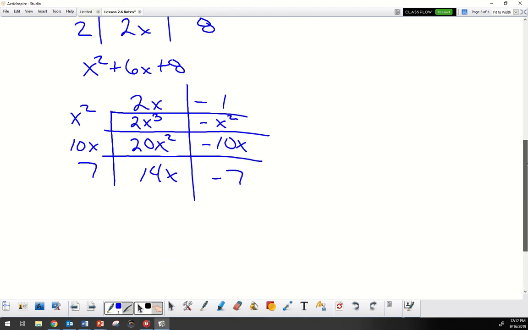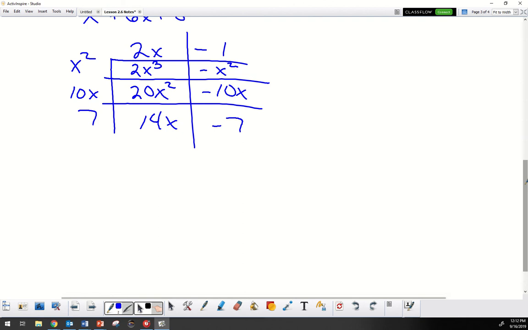Okay, what's my leading coefficient going to be? What's my leading degree? 3. So let's start with that one. It's going to be 2x cubed, right? And combine x squareds. How many x squareds am I going to have? Look, you got 20 x squared over here and you have 1 negative x squared over there. 19.